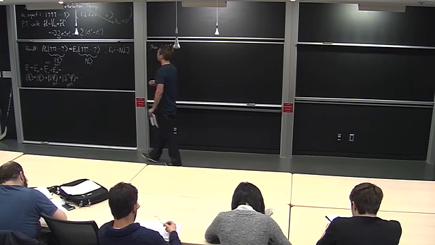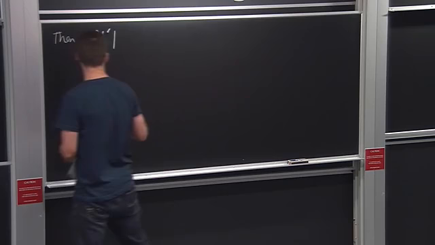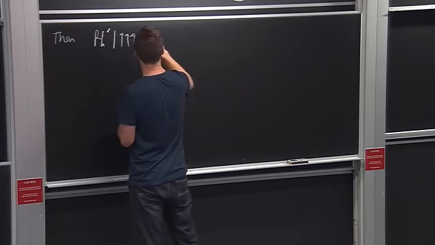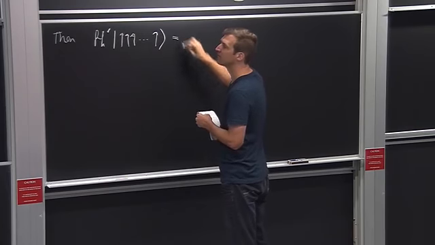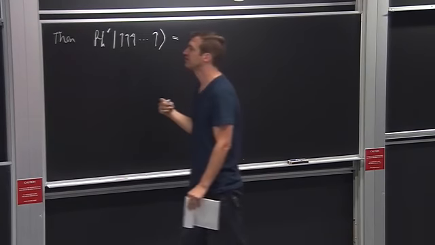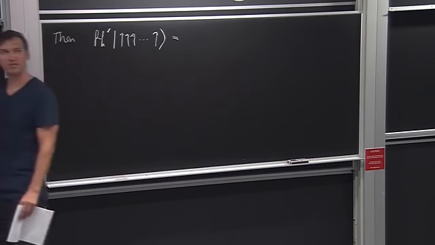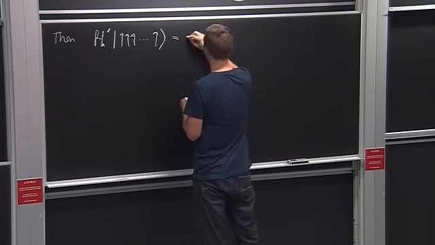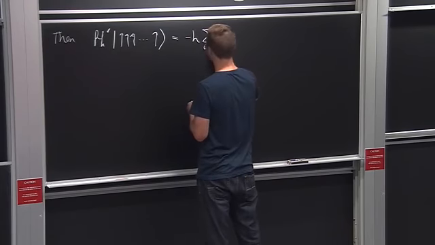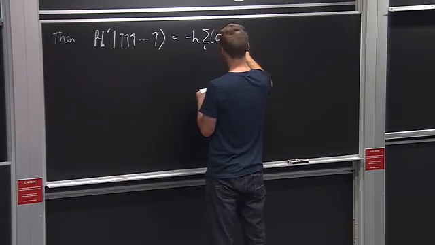So if you act on the ground state by H prime, which is this part of the Hamiltonian, that's just raising or lowering, in this case lowering, with this operator, the spin at site i. And there's a sum in that Hamiltonian. So I'll write it like this.